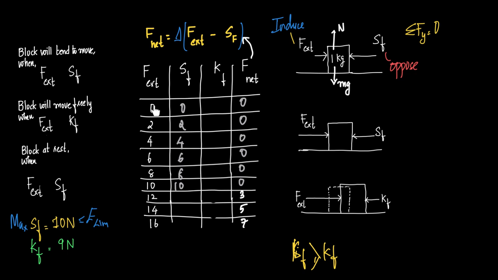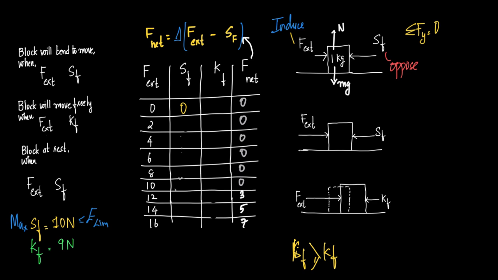So in the first case, what's the value of static friction? Maybe you will understand better when I write down things along with this. Now you may say that the maximum value of static friction is 10 and therefore the value here should be 10. No, the value here is 0.